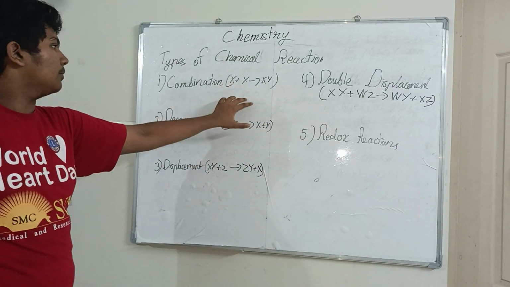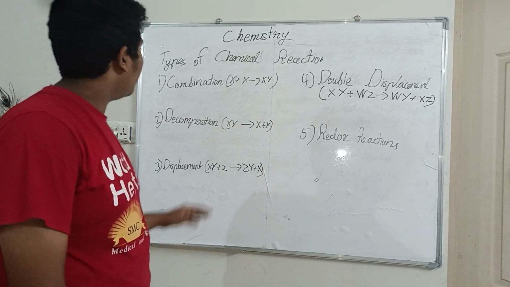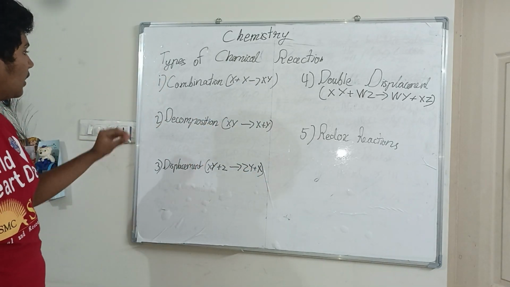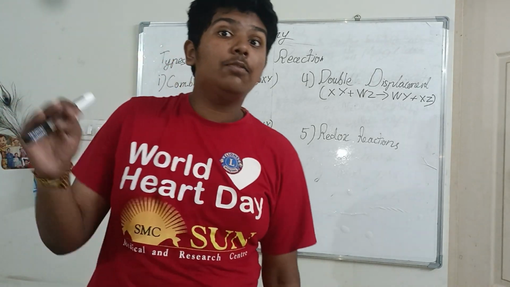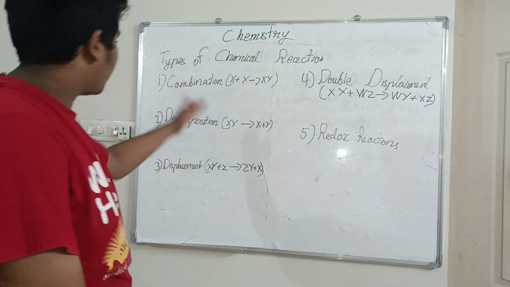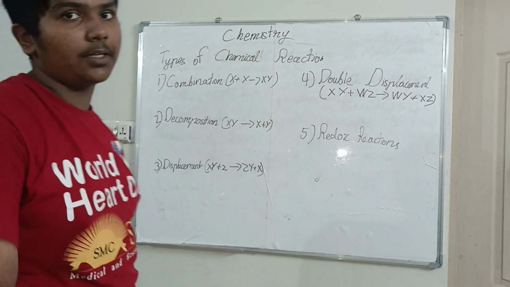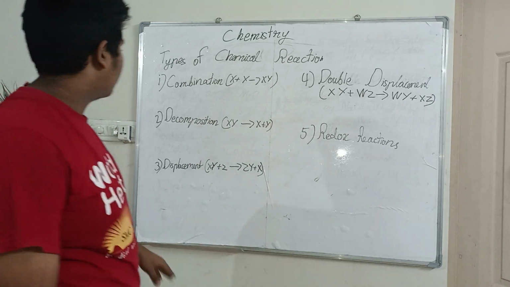So here is an example. X plus Y gives you XY. As for decomposition, decomposition is where a single reactant forms two or more products, which is XY gives you X plus Y. Now displacement reaction.